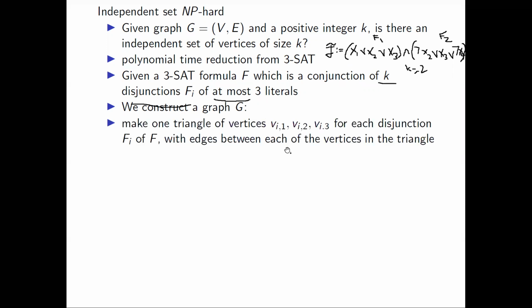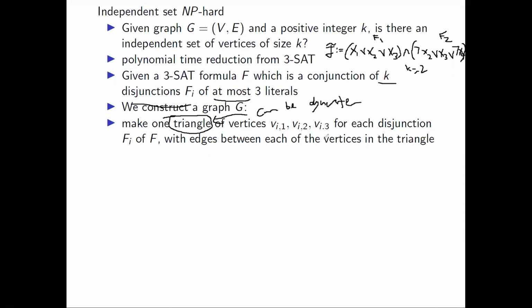So for each disjunction of size 3, we will make a triangle of vertices vi1, vi2, vi3. And we'll have edges between each of the vertices in the triangle. I'll mention this triangle can be degenerate, so some of these vertices may have repeats.